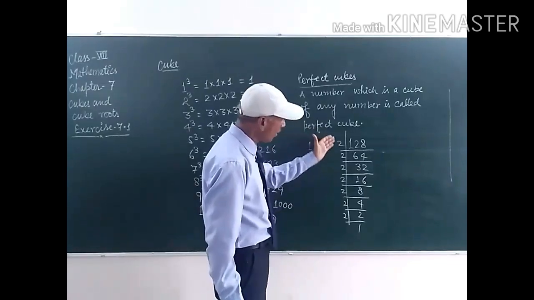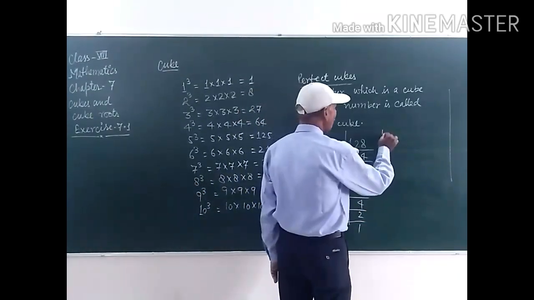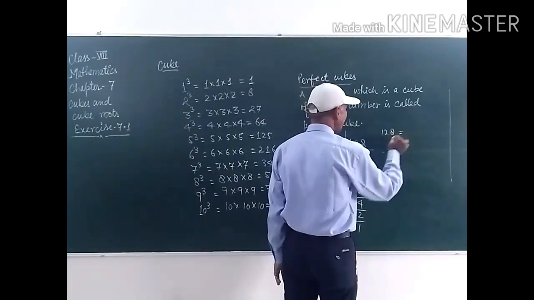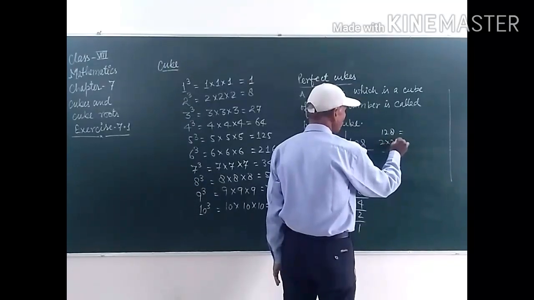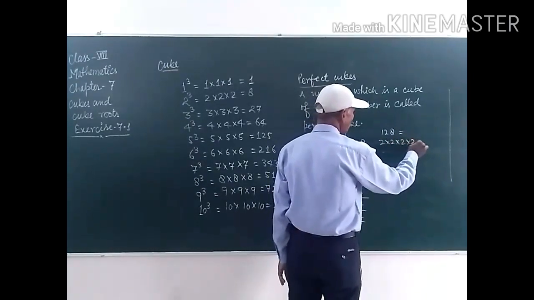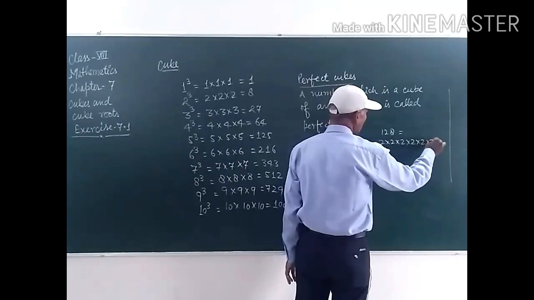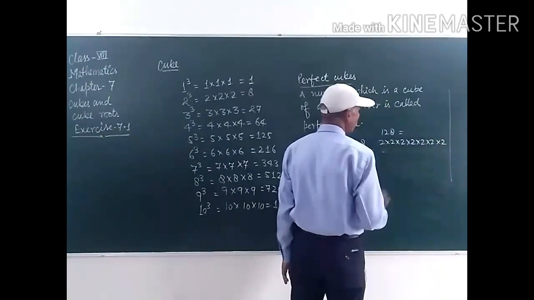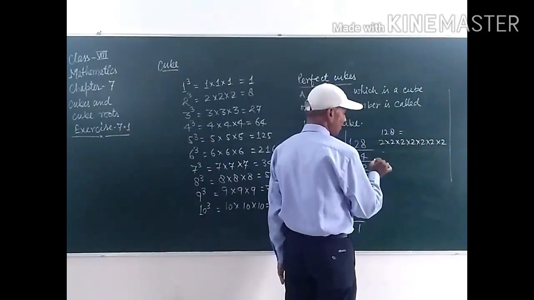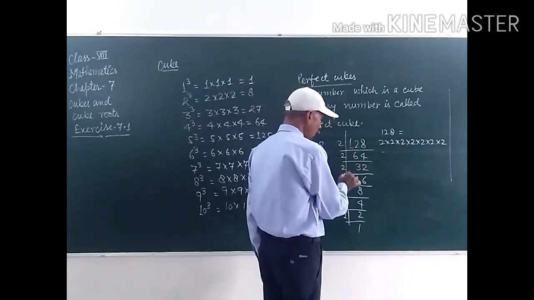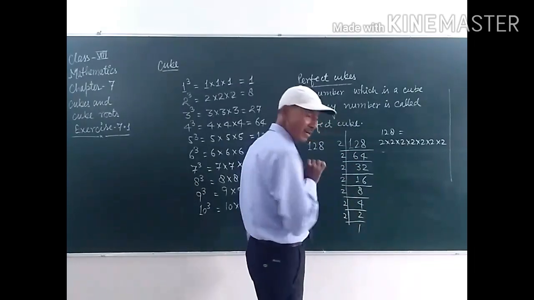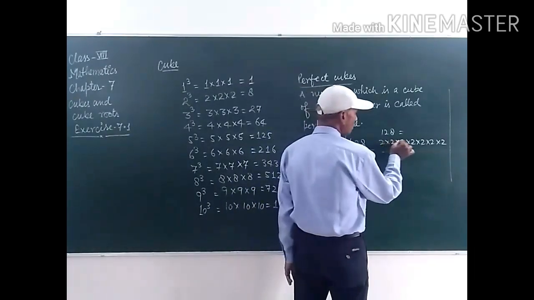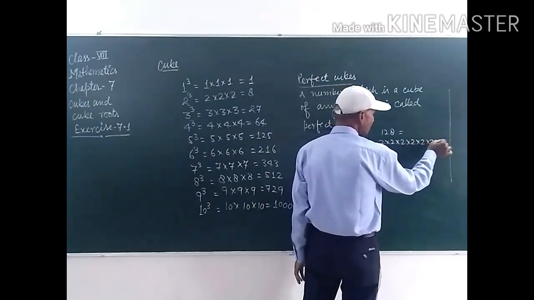Clear student? Now the prime factors of 128 are 2 into 2 into 2 into 2 into 2 into 2 into 2. This one is 7 times student, 1 2 3 4 5 6 7.